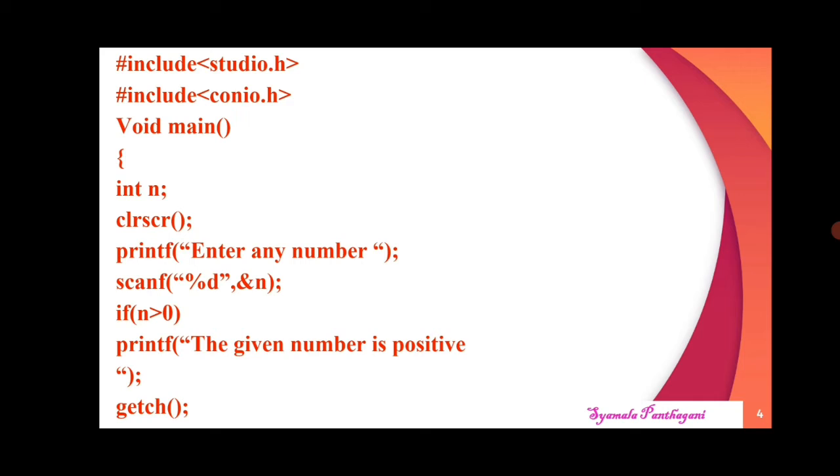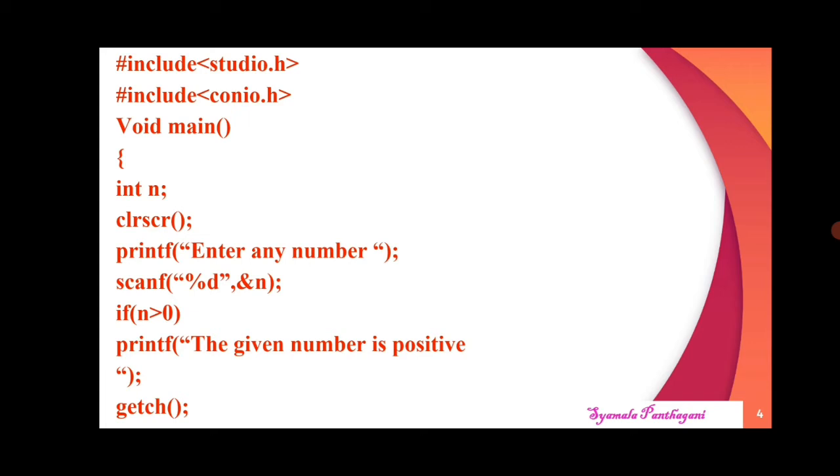Next one, scanf. When we enter any number, the compiler reads the number from the user and stores that number in the variable n by using the &n symbol. Next, what is stored in the variable n is taken into the if condition.